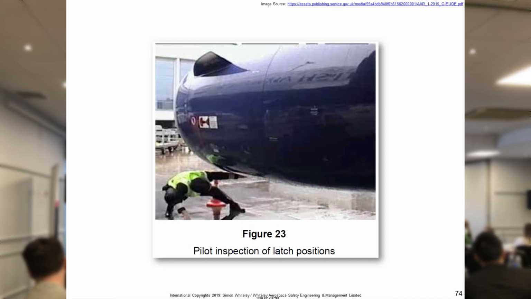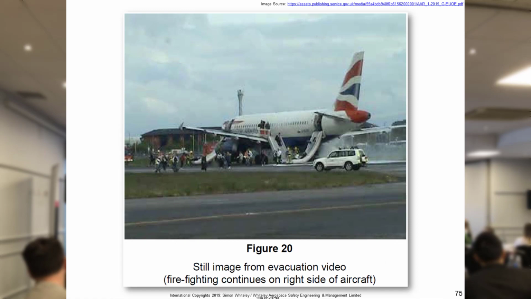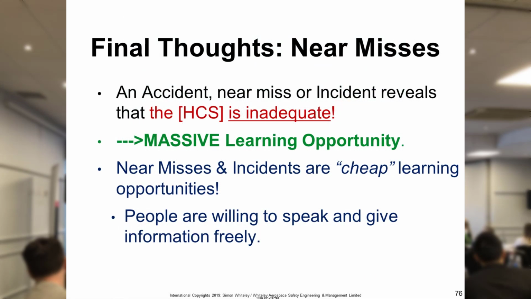Now obviously, in this case, this particular person was trained in the first week they started with the airline 7 years before: you might want to do an aircraft walk around, and while you do it, just make sure you check those locks. 7 years later, they don't do it, and we end up with an accident. Fortunately, everybody escaped safely.